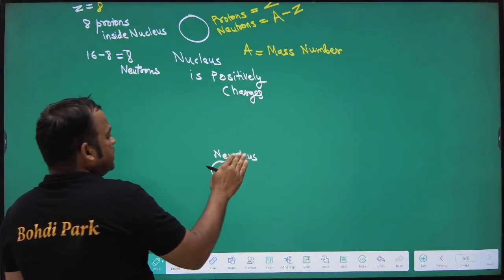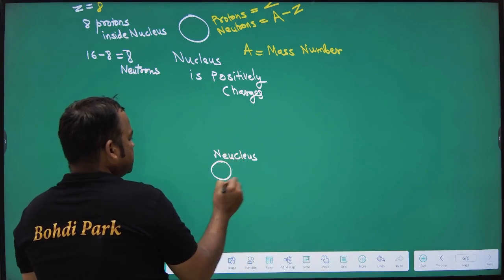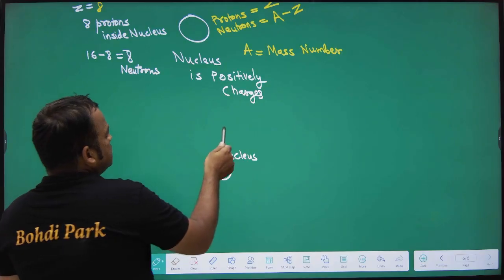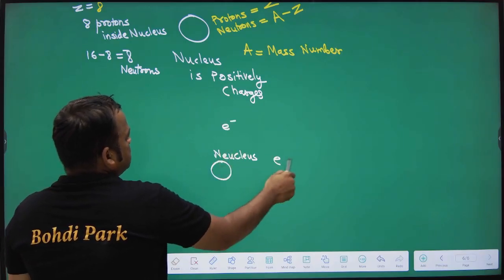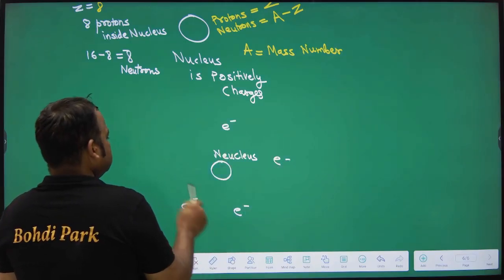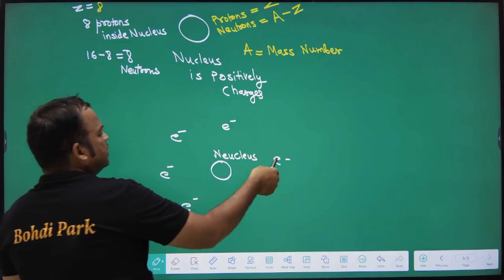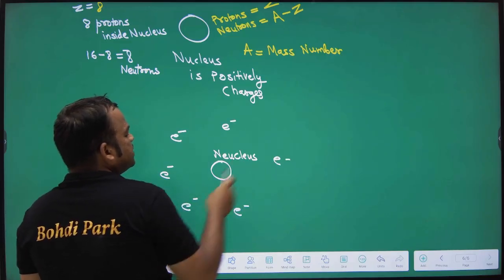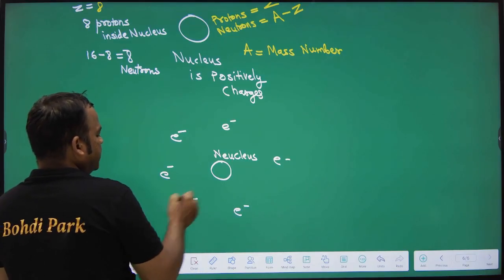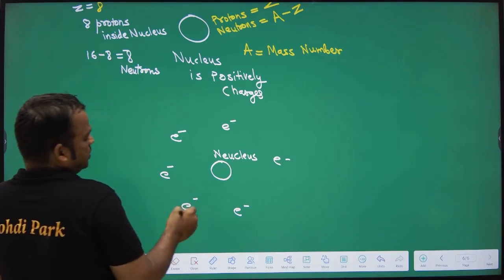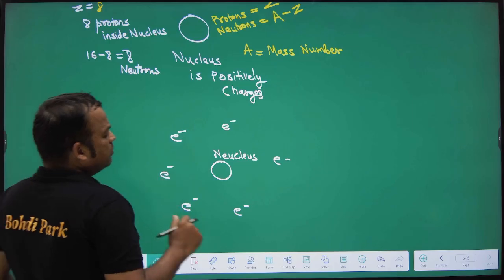It is a nucleus which is positively charged, and it is surrounded by electrons. These are the electrons. This is how we denote electrons: you write the symbol e and put the minus sign above it. So the nucleus is surrounded by electrons.